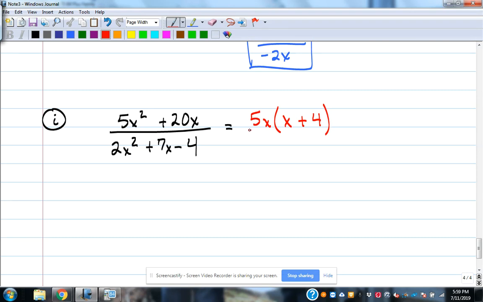Bottom part, 2 and 4 have something in common, but the 7 messes that up, so there's no GCF. So I'm going to do an X method. -8 on the top, 7 on the bottom.